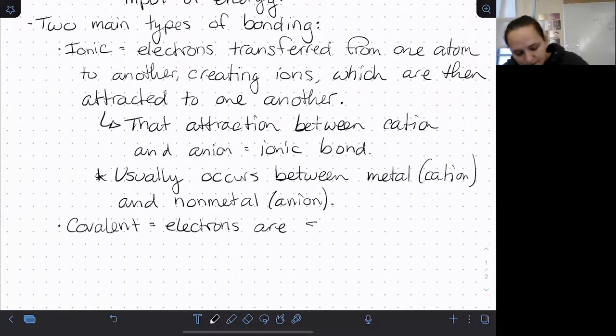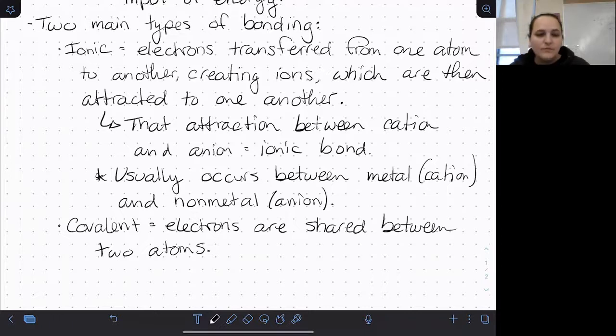Electrons are shared between two atoms. We'll get into a lot more of the details about how that happens in future lessons. For now, just recognizing the difference between ionic and covalent is good enough.